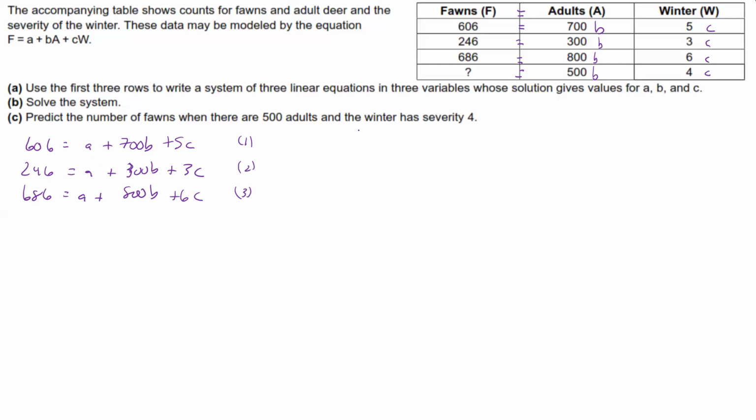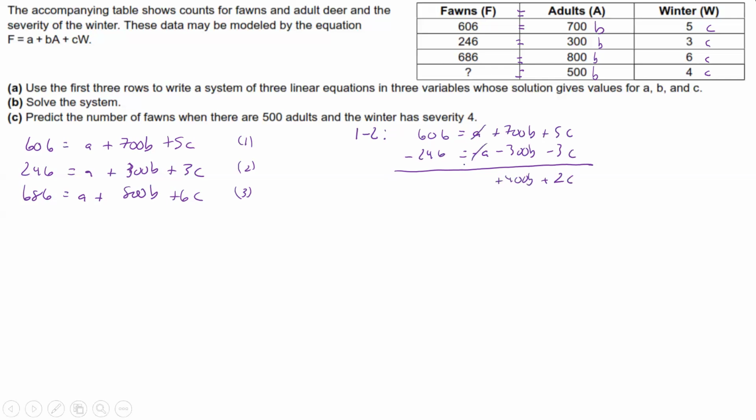So if I take 1 minus 2, what do I get? 606 equals A plus 700B plus 5C, minus 246 equals A plus 300B plus 3C. The A's cancel, so that's going to be a 360 equals 400B plus 2C. Okay, so that one I'm going to call A now.